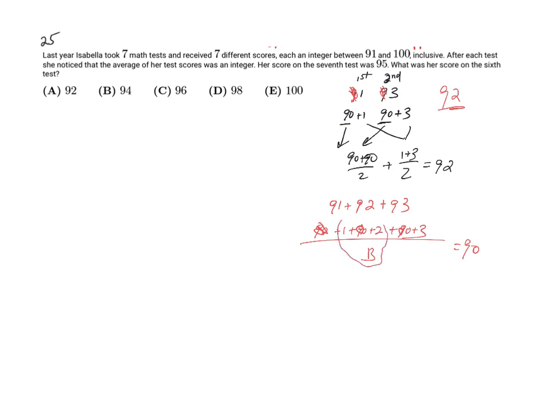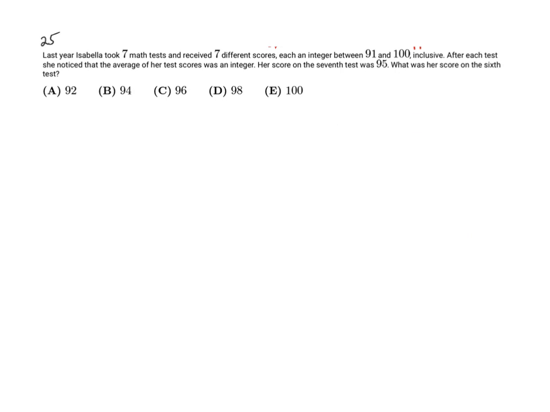And then you just need to consider the unit digits divided by 3, which in this case is 6 divided by 3, so you get 92. So that's the first little comment that I have: just consider the unit digits. So only consider the following numbers. 91 will be 1, 92 will be 2, and so on and so forth. 100 will be 10. Just think of those scores as these 10 numbers.